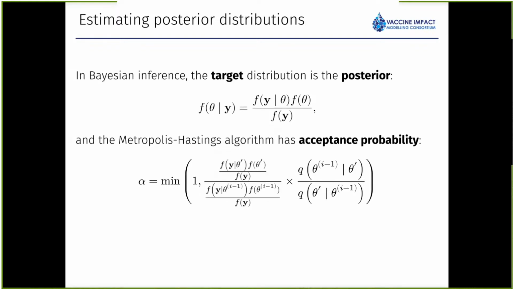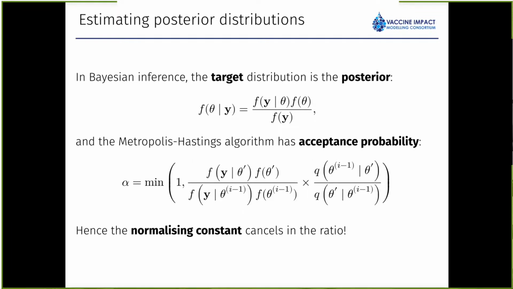And what you should notice is that there is an innocuous f of y on both the numerator and the denominator, which cancel out, right? So because this acceptance probability is a ratio, these two things cancel out. So the thing that I can't calculate, I don't need to calculate if I use this algorithm anymore. In fact, my acceptance probability reduces to the likelihoods and the priors, which I do know, and the proposal distributions, which I also know, okay?